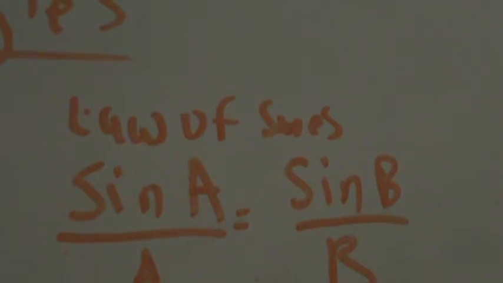And let me actually label this. So let's say that this is side A, this is side B, and this is side C. So basically, from the law of sines, let's say we want to find this angle right here, right?